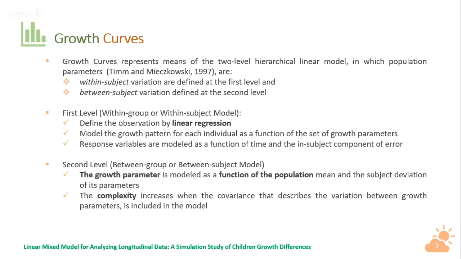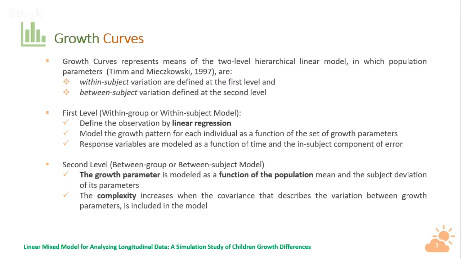And then level 2, the second level or between group model: the growth parameter is modeled as a function of the population mean and the subject deviation of each parameter. The complexity of the model increases when the covariance that describes the variation between growth parameters is included in the model, since there are correlated values between the subjects.